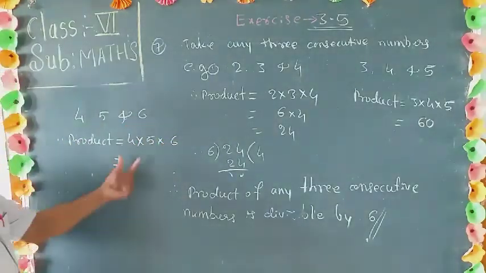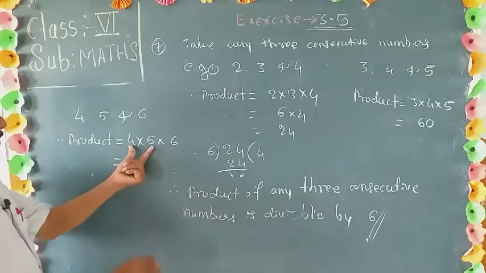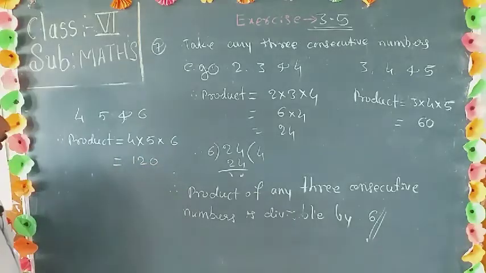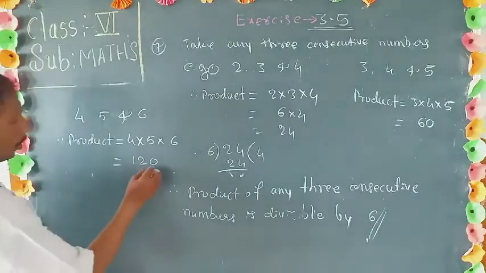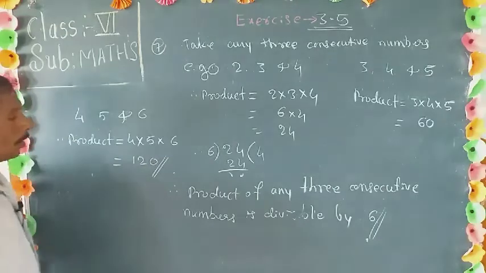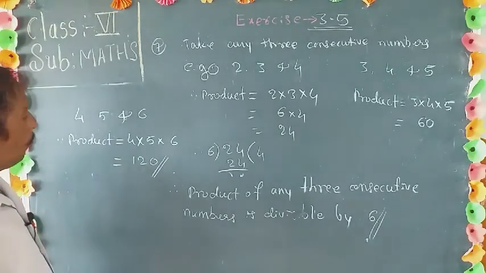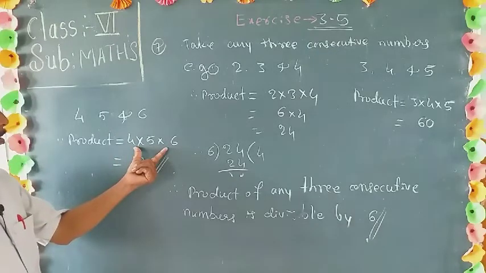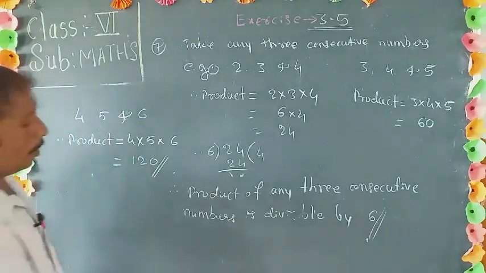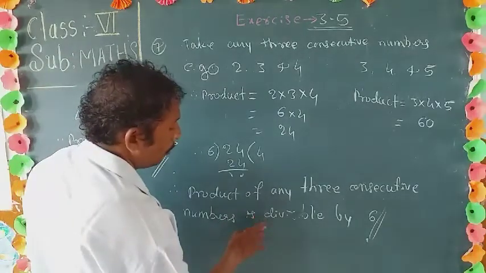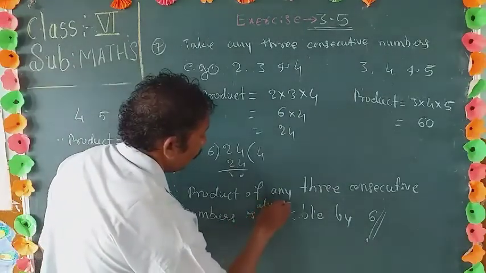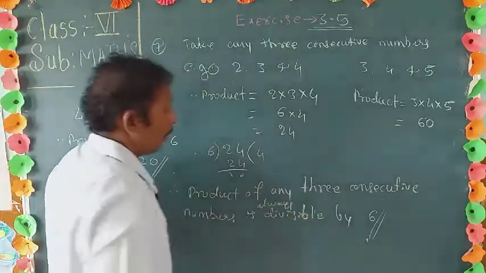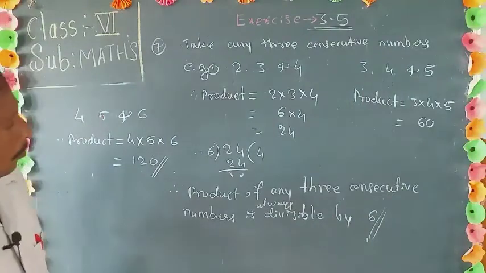That is 4 5s are 20, 20 into 6 is equal to 120. Now this number 120 is divisible by 6. So the product of any three consecutive numbers is always divisible by 6.